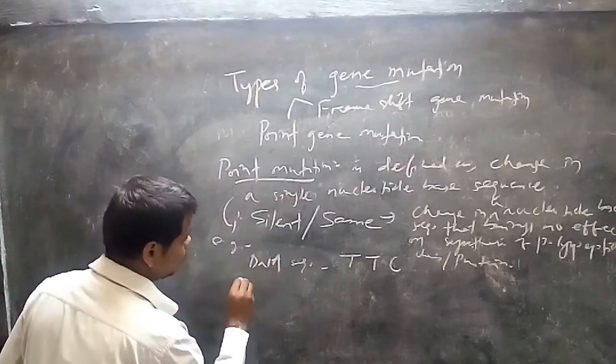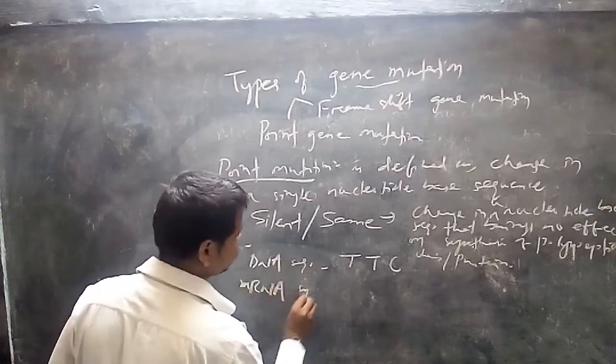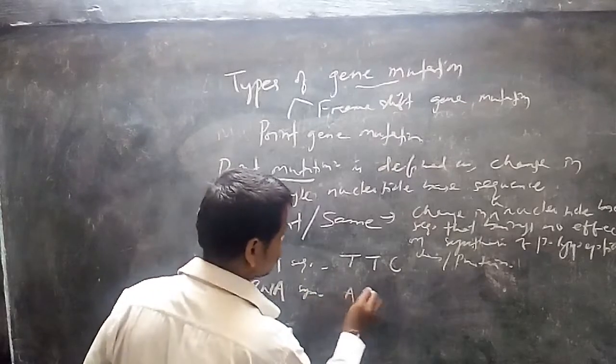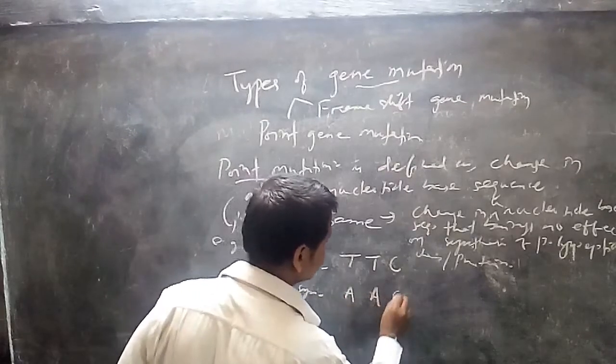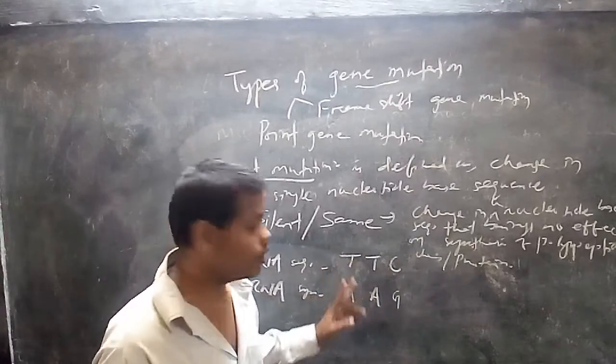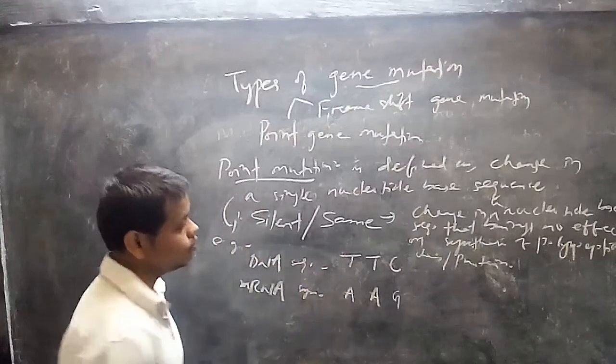Then when mRNA is synthesized from this DNA, its sequence will be AAG, because we know that A pairs with T and C pairs with G; the opposite base of thymine is adenine.